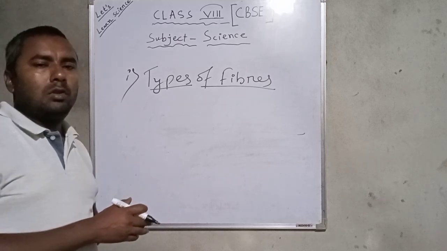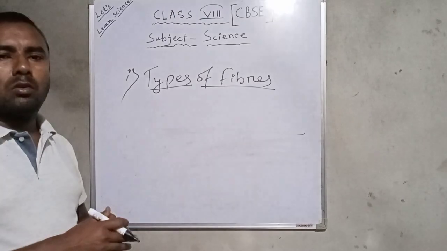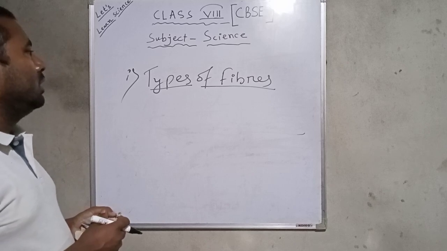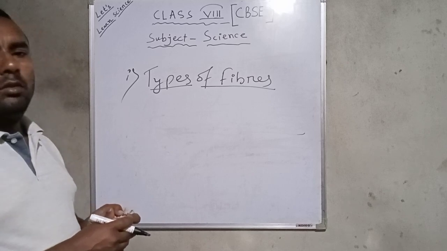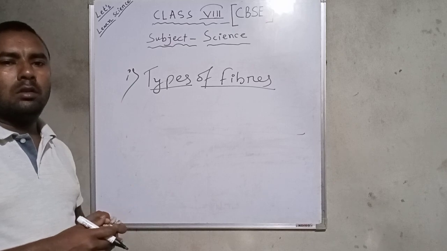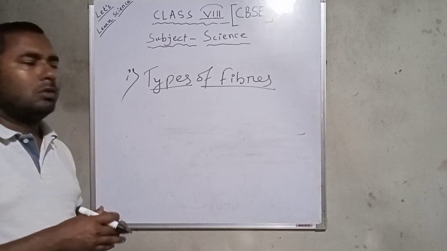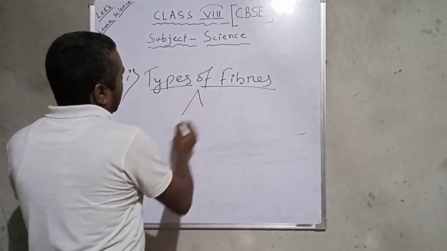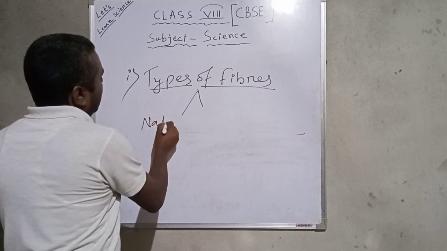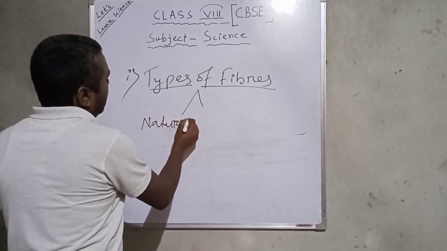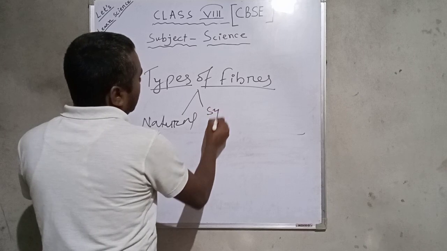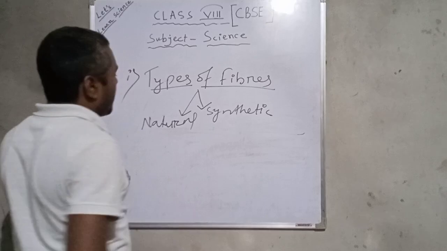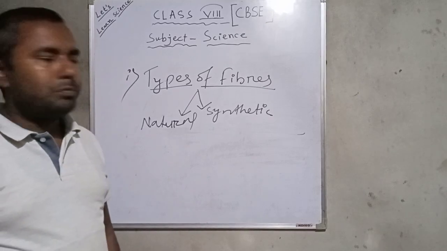Some examples of natural fiber are cotton, wool, jute. Synthetic fibers, which you already studied, are nylon, polyester, acrylic. So these are examples of synthetic fiber. Here you will study the types of fiber, that is, one is natural and another one is synthetic. These are the two types of fiber.